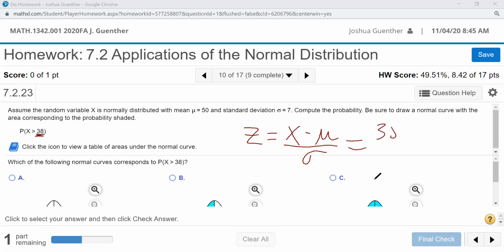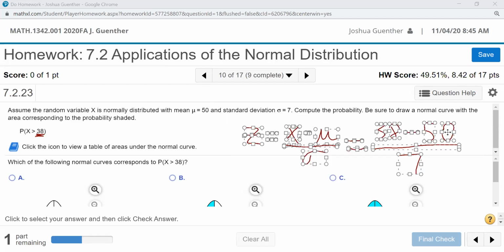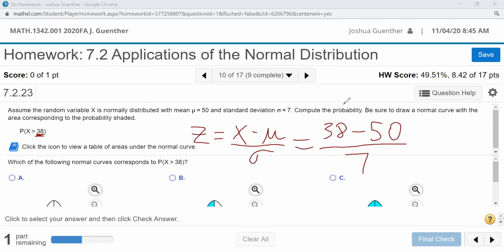So it's going to be 38 minus mu, the mean is 50, divided by the standard deviation, which is 7. And now, when we standardize, I'll just do the math. It'll be negative 12 over 7. Now round that to 2 decimal places. So about negative 1.71.